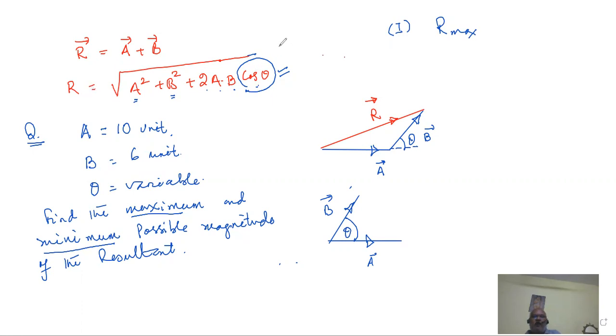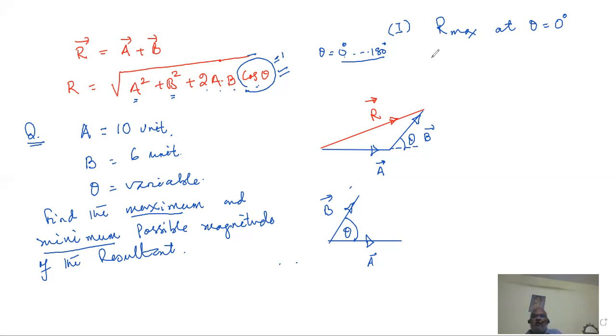So we now search for an angle from 0 to 180 degrees, and within that range, find when cos theta is maximum. And we know the answer: cos theta is maximum when theta equals 0 degree. There, cos theta assumes its maximum value, that is equal to 1.